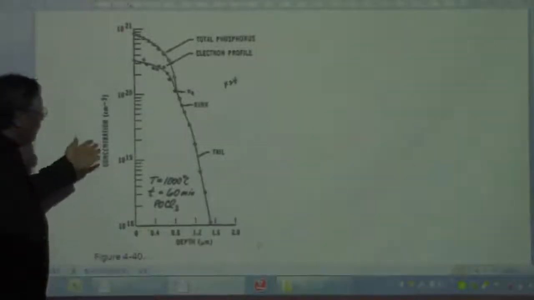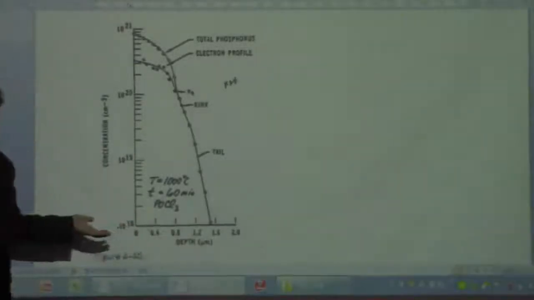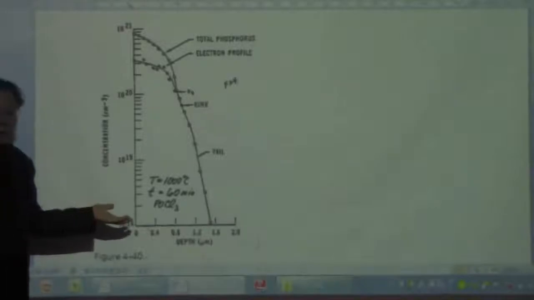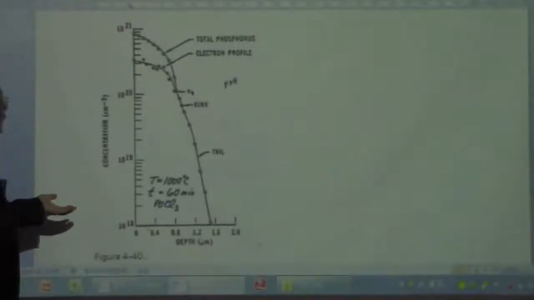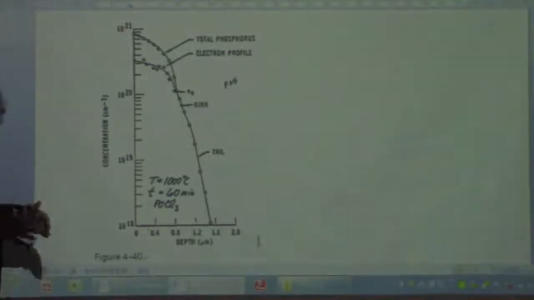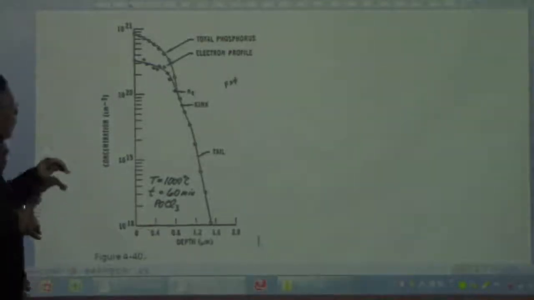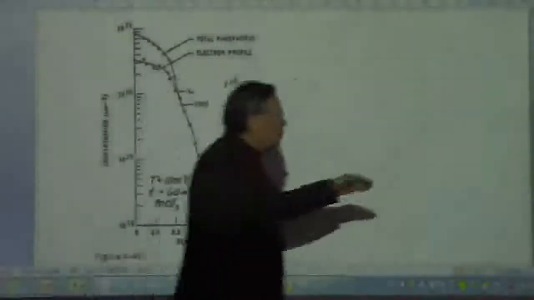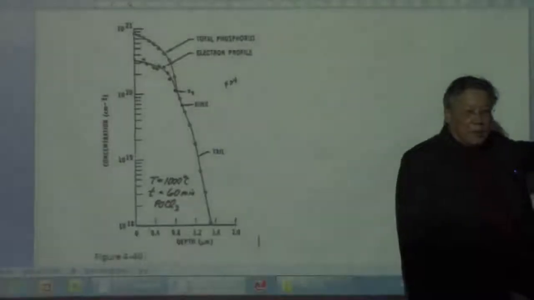Now, this is obviously not the Gaussian profile as you expected for the low concentration phosphorus case. This is somewhat deviated from the normal Gaussian profile, and the Gaussian profile is the solution of the approximated Fick's second law.